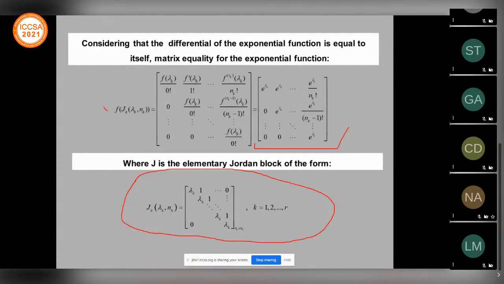So we transform the problem of finding the exponent of a companion matrix to finding the exponent of a Jordan block and inverting the generalized van der Monde matrices.